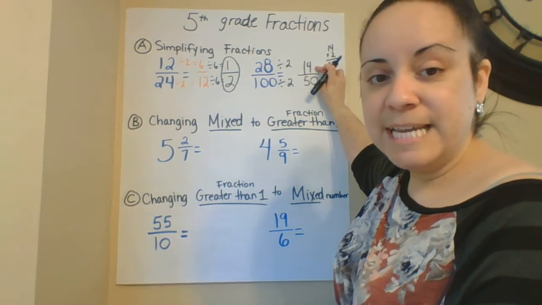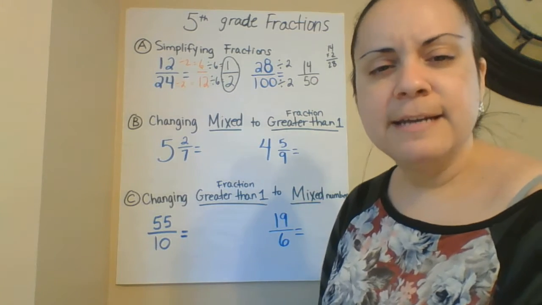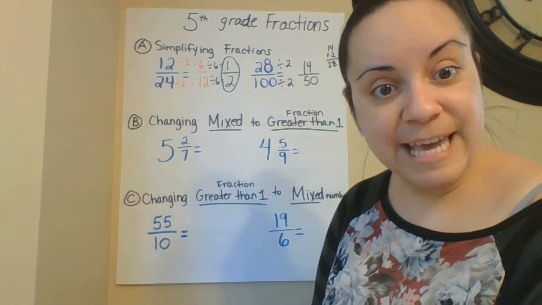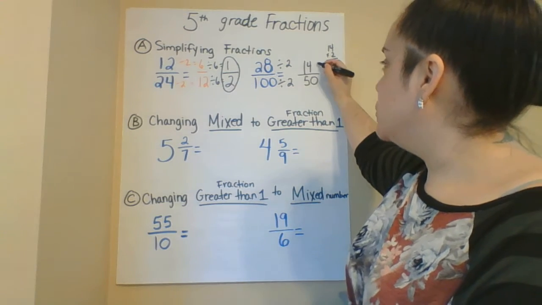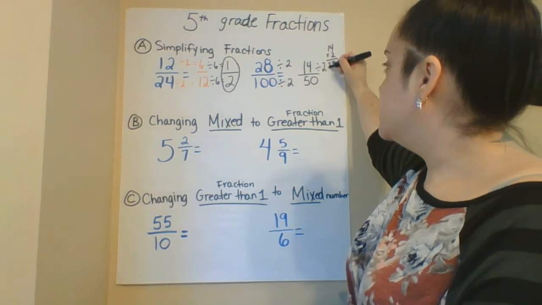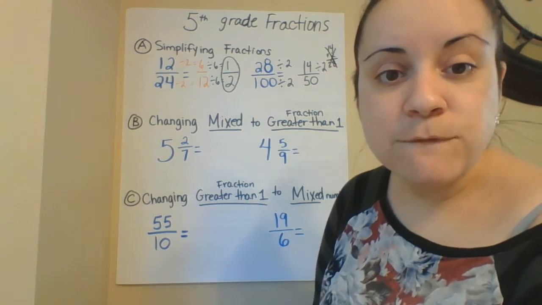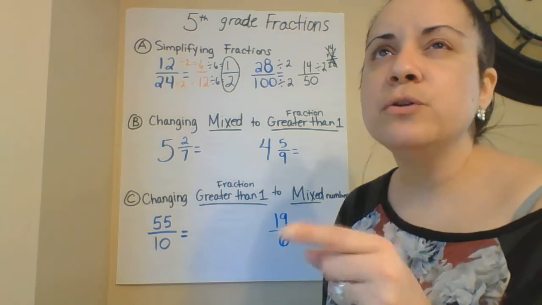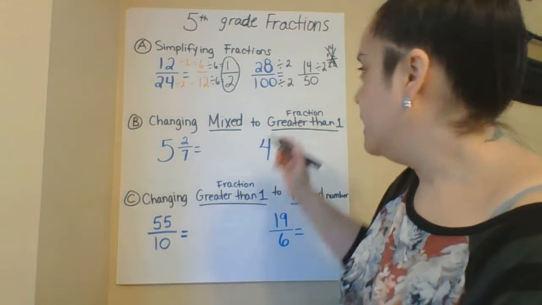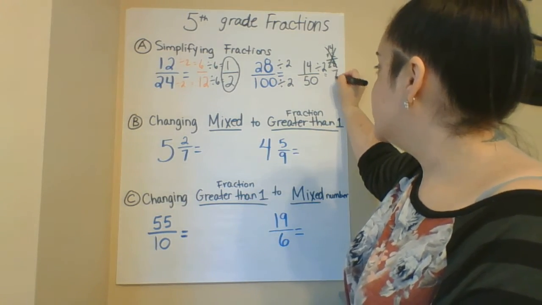So 14 over 50. Now, can I keep going? I can. Let's try 2 again. What is 14 divided by 2? 2 times 7 is 14. Okay, so 14 divided by 2 is 7.